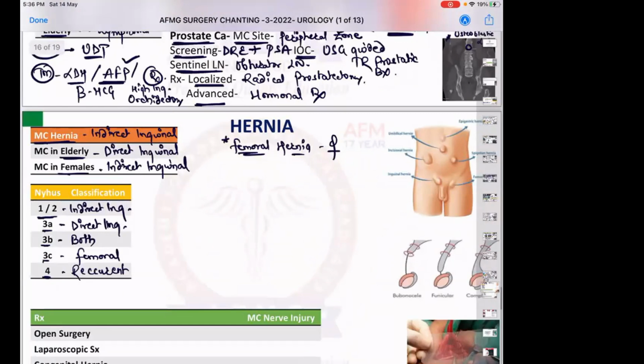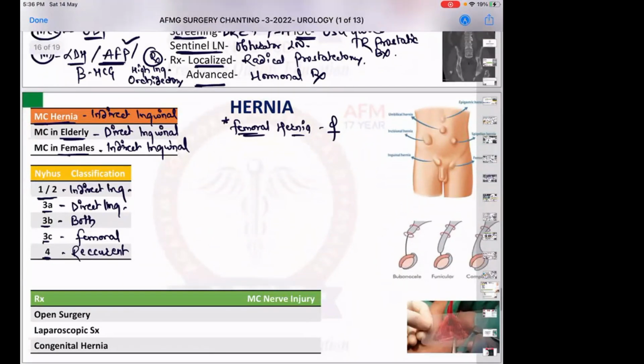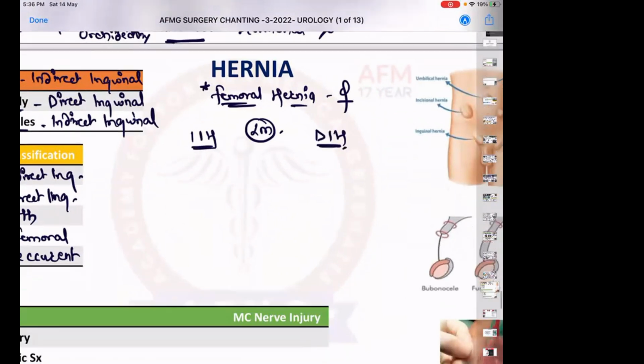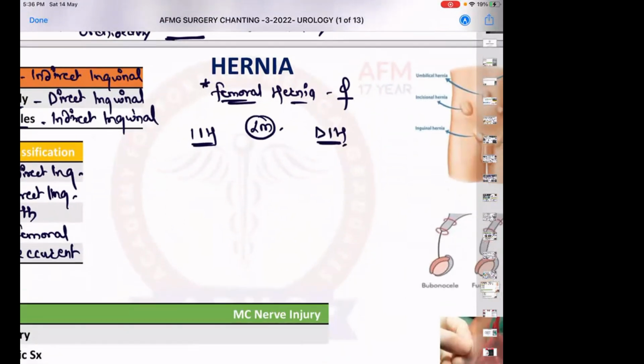If I talk about indirect inguinal hernia and direct inguinal hernia, what is the landmark to differentiate them, with one hernia medial and the other lateral to this landmark?